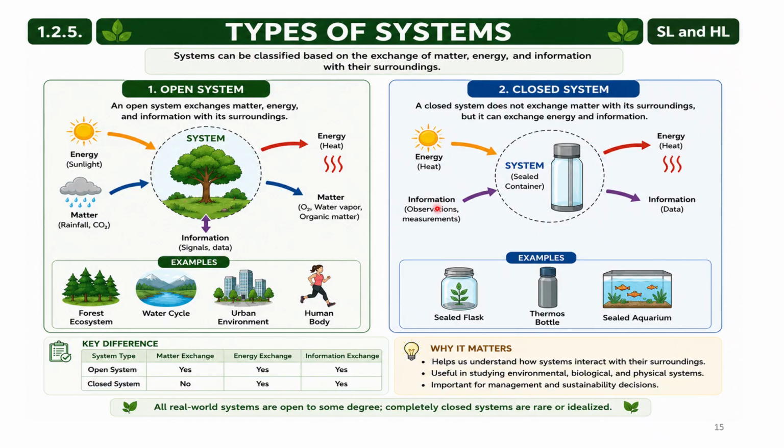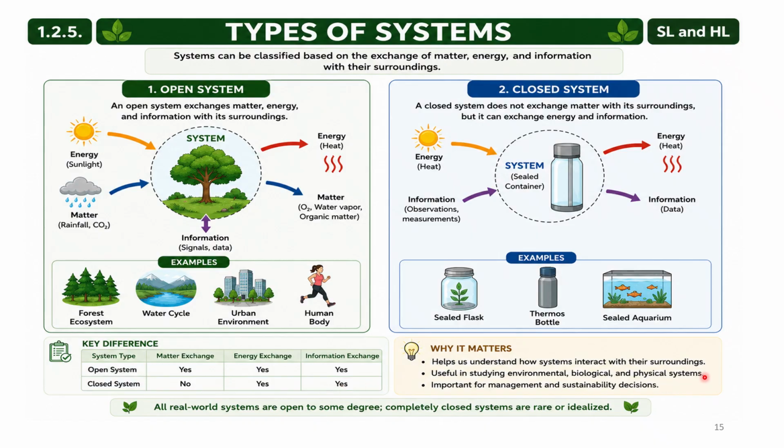A sealed container may gain or lose heat, and observations can still be made about the system, but matter remains inside. Examples include a sealed flask, a thermos bottle, or a carefully sealed aquarium. The key difference is that open systems exchange matter, energy, and information, whereas closed systems exchange energy and information only.